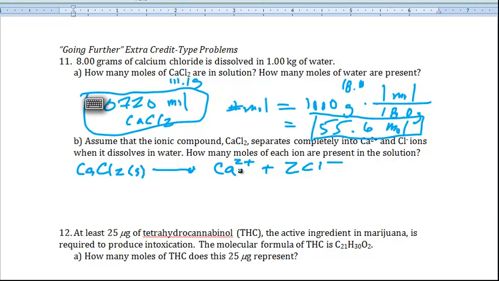And so if you have this many moles of the compound, you'll have that same number of moles of calcium ion, twice that number of moles of chloride. Okay, and I need to stop here, and I'll pick it up in part 2 because I'm almost out of time.